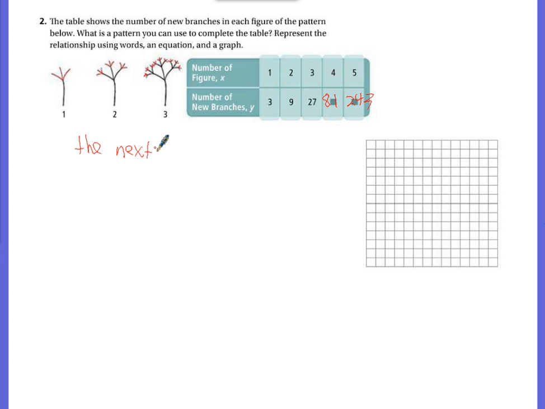The next figure has what? 3 times. 3 times what? Three times the previous number of new branches.